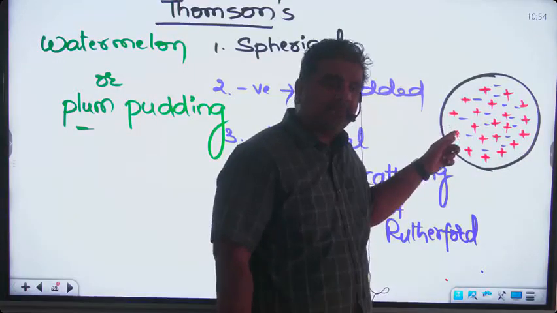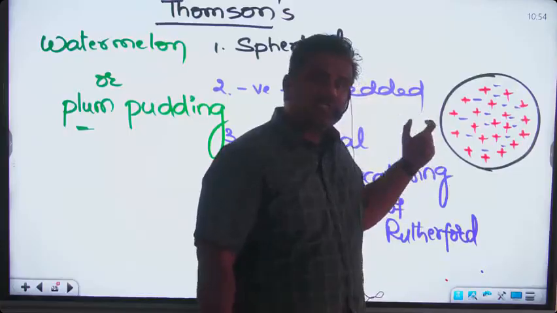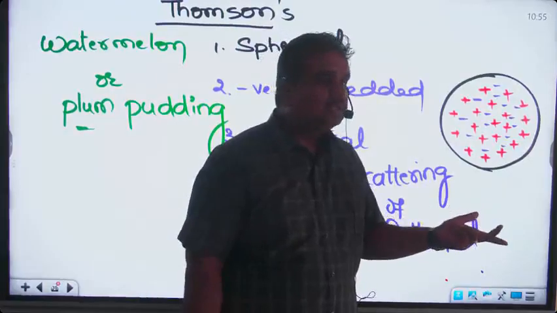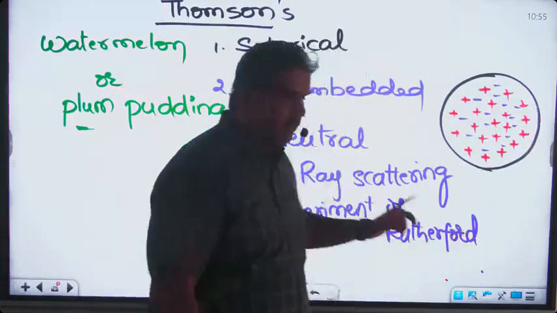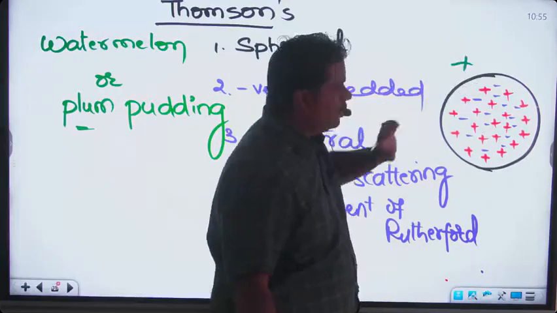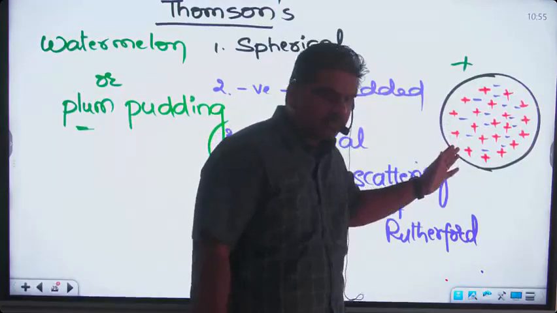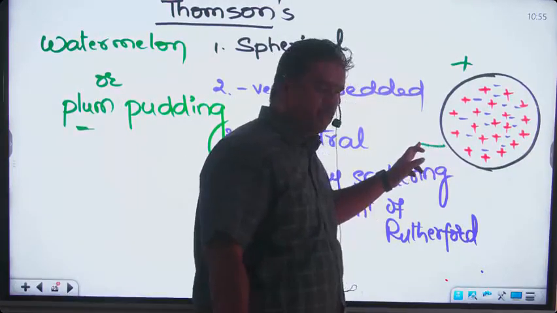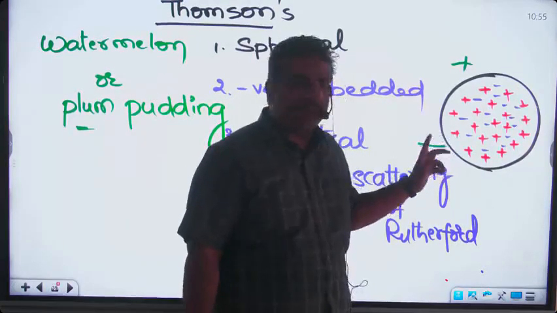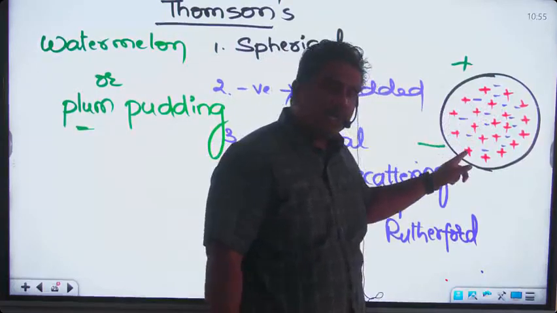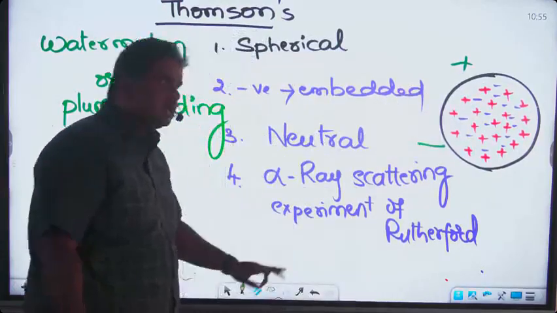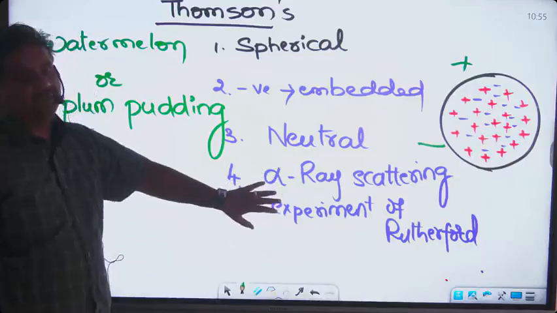After the two combine, a neutral charge is formed. Once it is neutral, how do we identify which is positive and which is negative? The ratio will always be equal, which is why we say the atom is electrically neutral. Suppose one positive charge were more, then I would say the atom is positive; if one negative charge were more, the atom would be negatively charged. But we say it is electrically neutral because the positive and negative charges are equal in number. So the major drawback is that it could not explain the alpha ray scattering experiment.